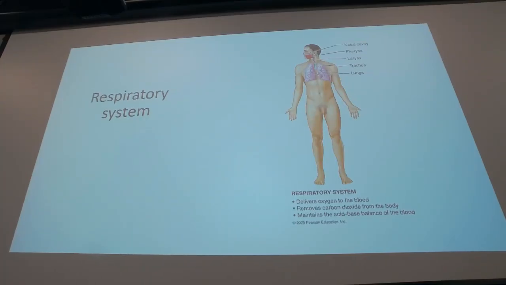Respiratory system delivers oxygen to the blood, gets rid of carbon dioxide, and maintains acid-base balance. So acid-base balance is related with pH.